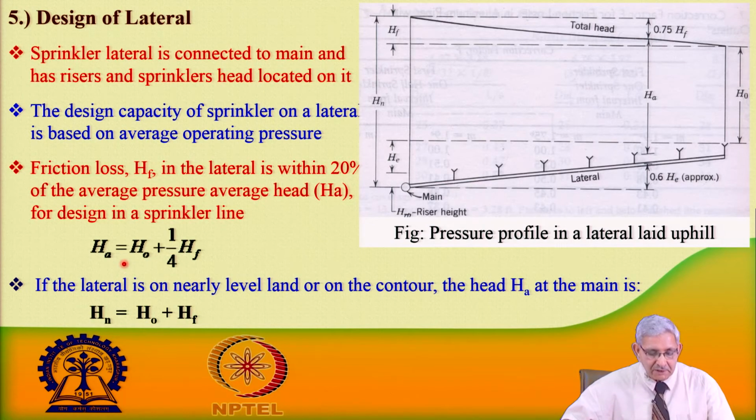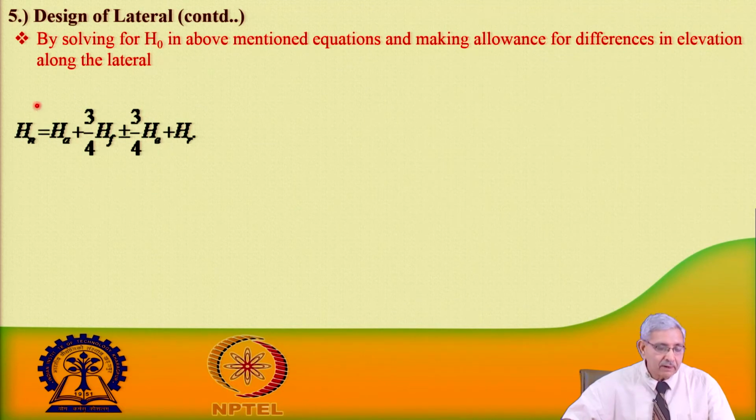We can write the expression for H naught: H naught equals H A minus 1 by 4 H F. So, we are substituting H n, the head at the main, as H A plus 3 by 4 H F plus or minus 3 by 4 H E. This is H E, the head due to elevation, and H R is the height of the riser pipeline.